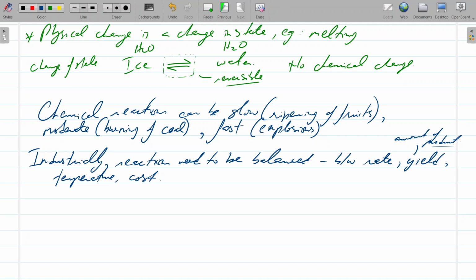So there are five main ways in which the rate of a chemical reaction can be altered and controlled.